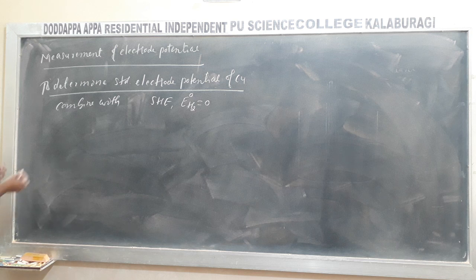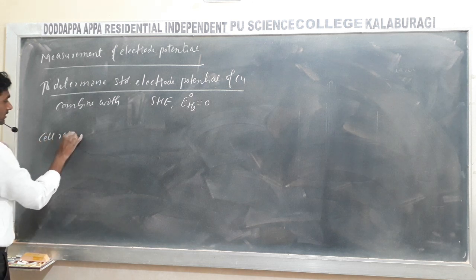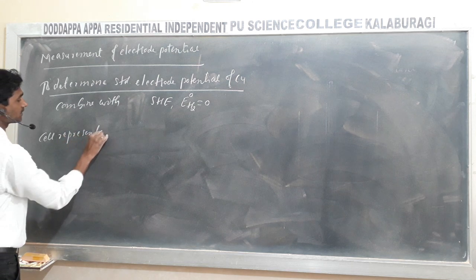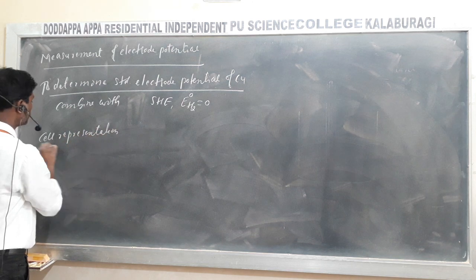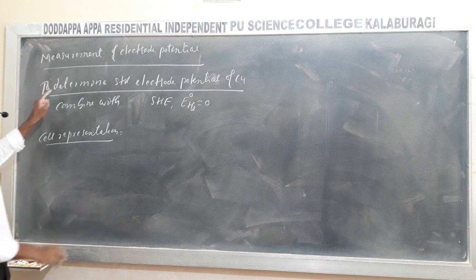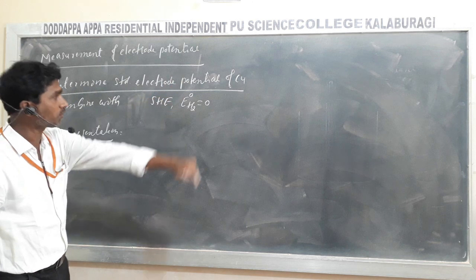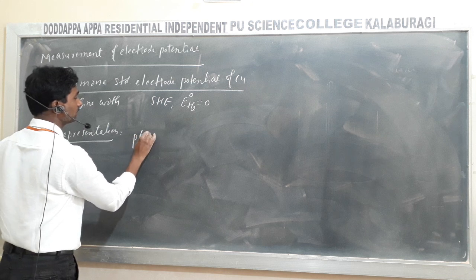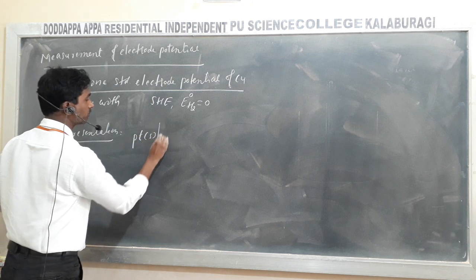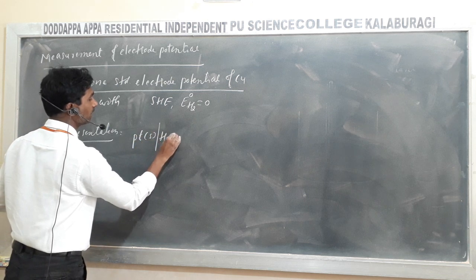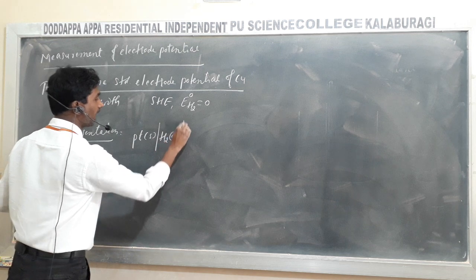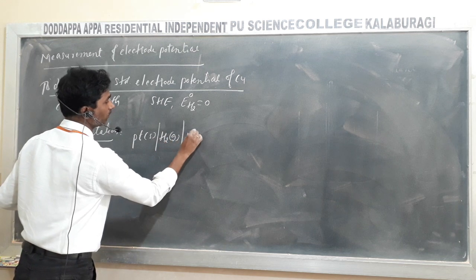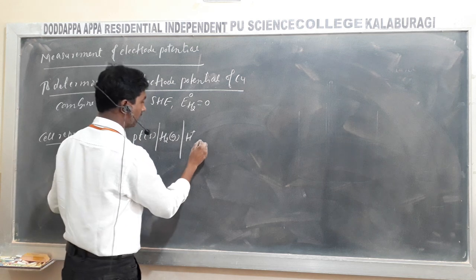So now, what is the cell representation to determine the standard electrode potential of copper? Yes, now I can write: this is the platinum solid, it absorbs H2 gas, and is dipped in a 1 molar aqueous solution.